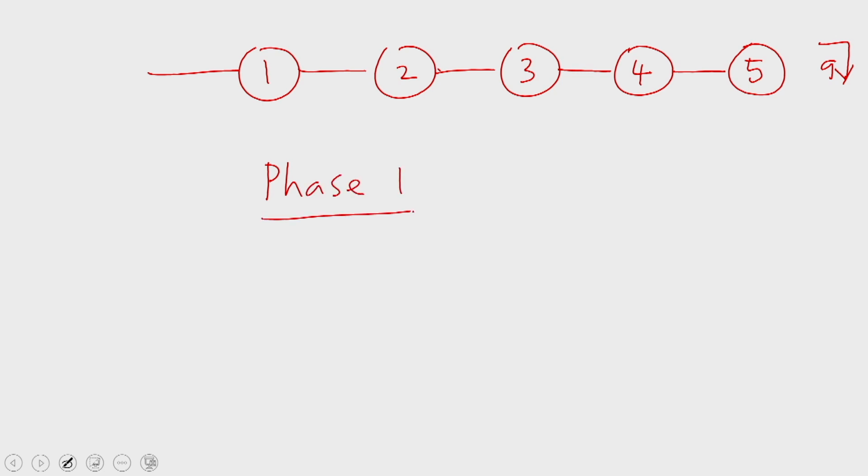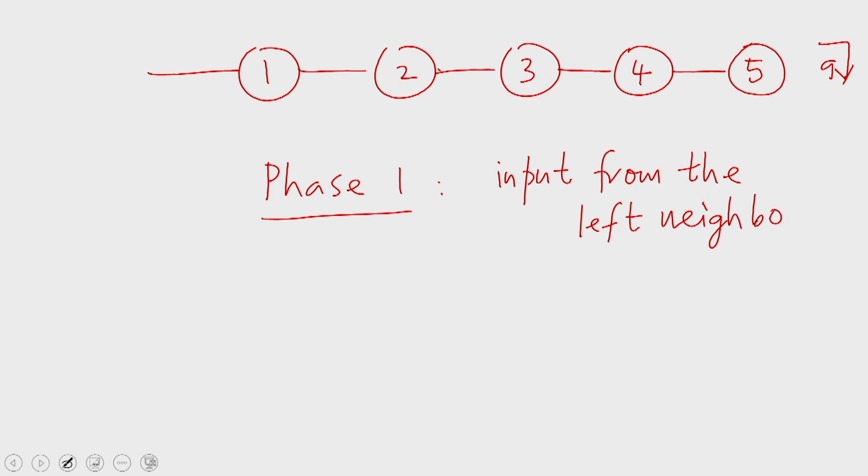So in the first phase of the algorithm, each processor does this. It receives an input from the left neighbor. It compares the input with the stored value.